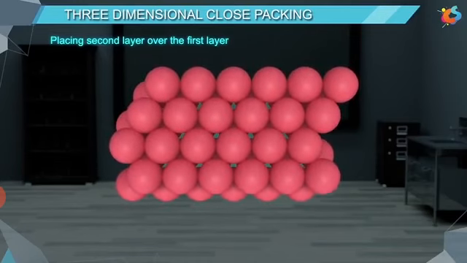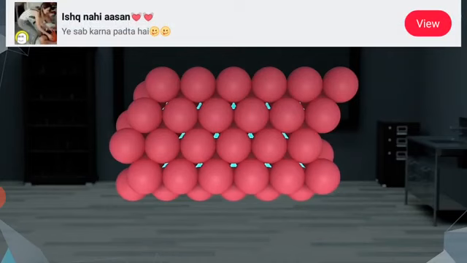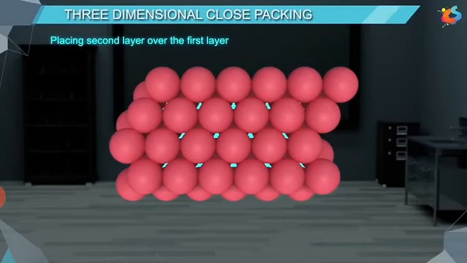Hence, we get an entirely different type of layer. So we have two different layers. First is known as A, other is known as B.